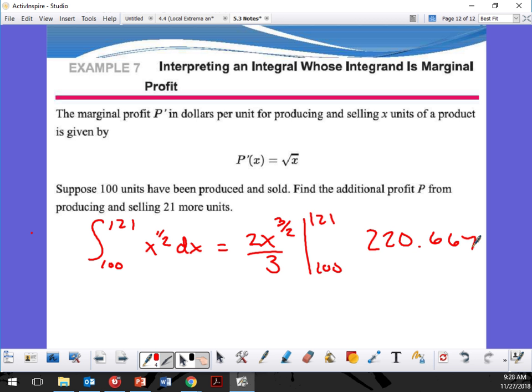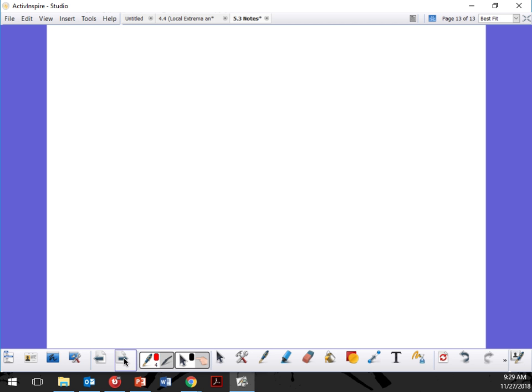Is that what you got? Okay, good. All right, so that's the additional, right? That's how much more I'm making, additional profit from the 121 more, right? Yeah, that's what I'm looking for, the additional profit. Already we have profit, but this is the additional profit on top of my first 100. Is that it? Oh, okay, good.